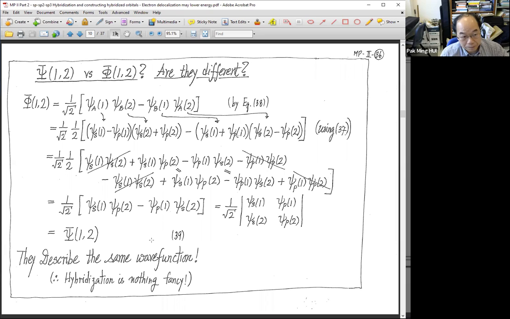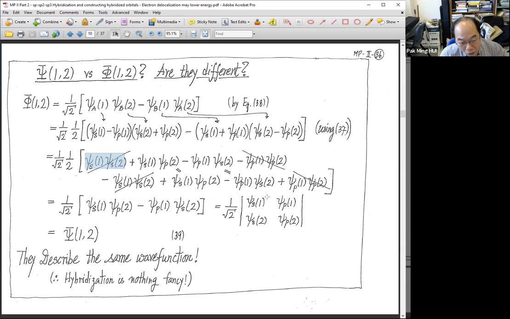Okay, now let me show you. So I start with the hybridized one, Slater determinant, write them out. Then each one is a linear combination. So I just write down all the 4 linear combinations. Nothing fancy. Then there are many terms.